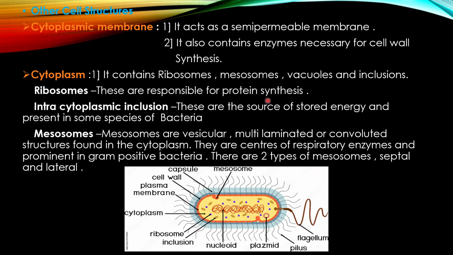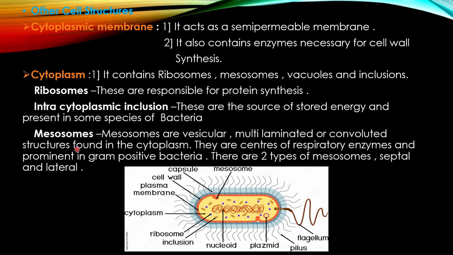These cytoplasmic inclusions mainly store energy, they are energy reserves. They store energy like glycogen, and this glycogen or energy can be utilized for later cellular processes. It is not present in all bacteria, only in some species of bacteria.